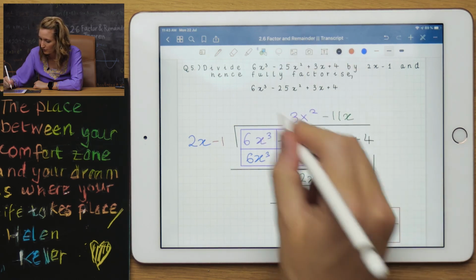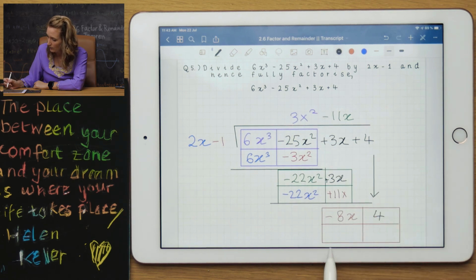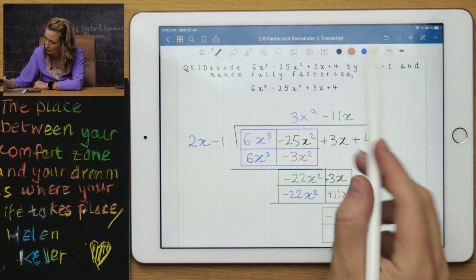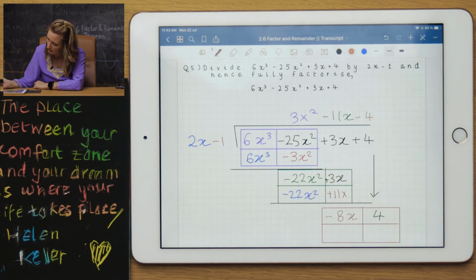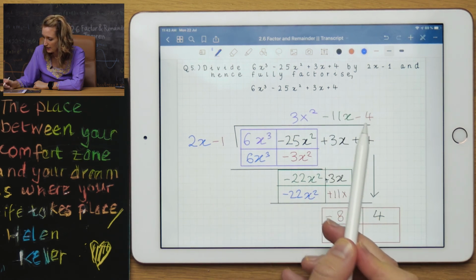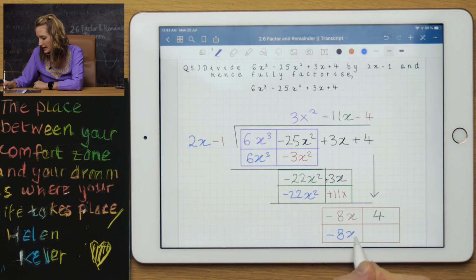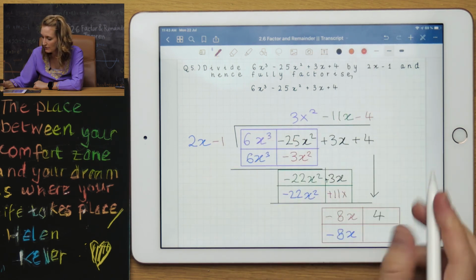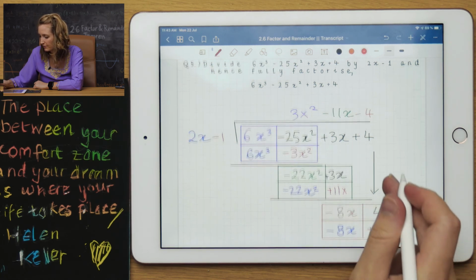Okay, we drag down the 4. And we divide. Minus 8x divided by 2x would be minus 4. And the last two, 2x times by minus 4, minus 8x. And minus 1 times by minus 4, double minus again, would be plus 4.